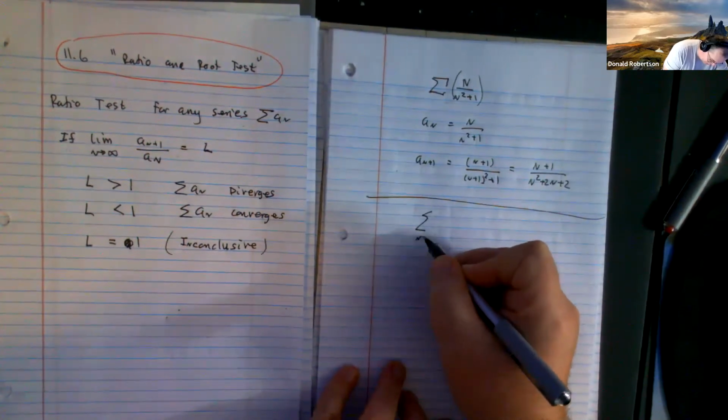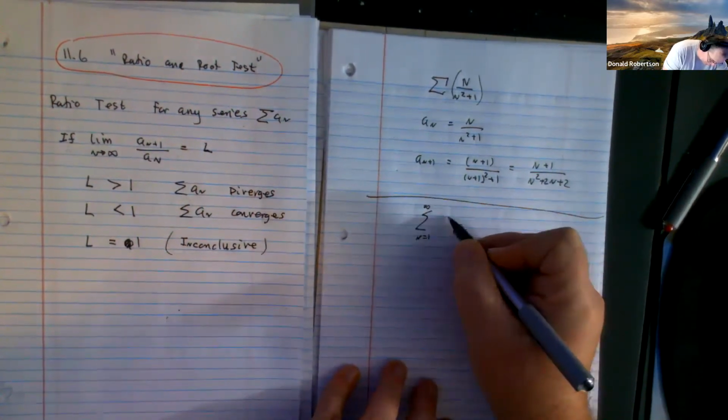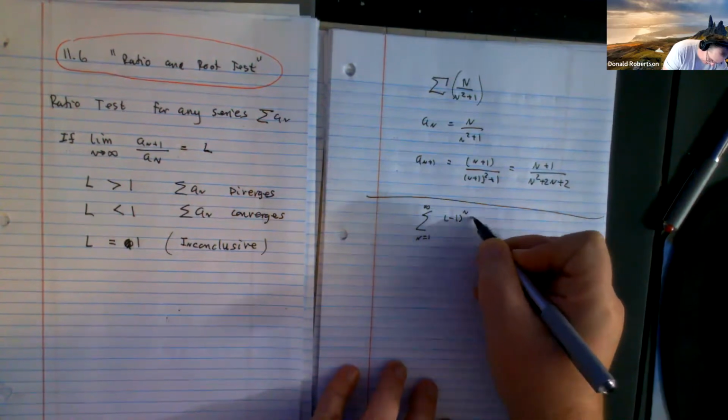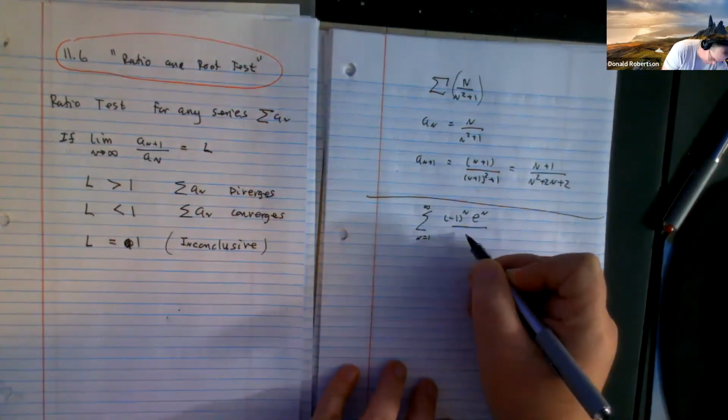And suppose I had a series and it was (-1)^n e^n over n cubed.